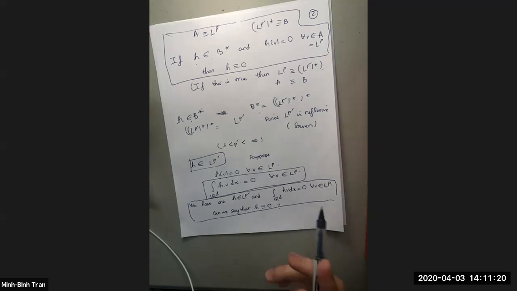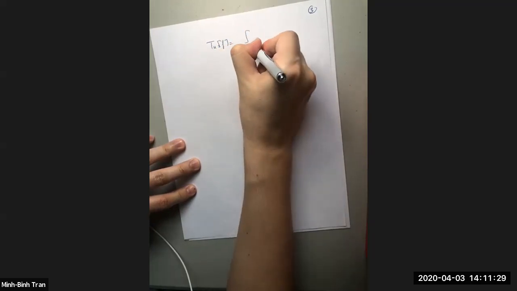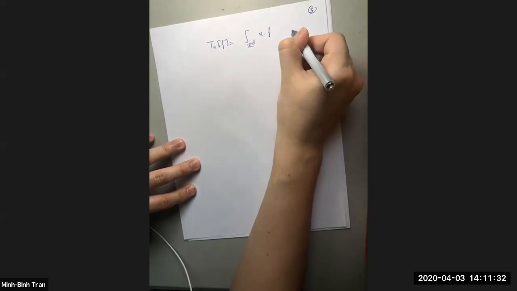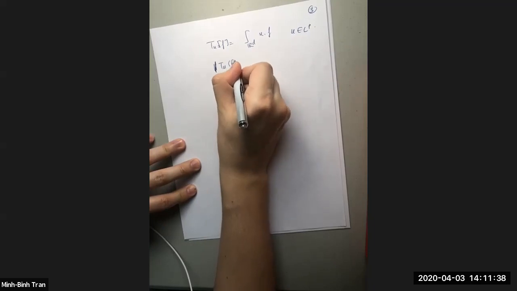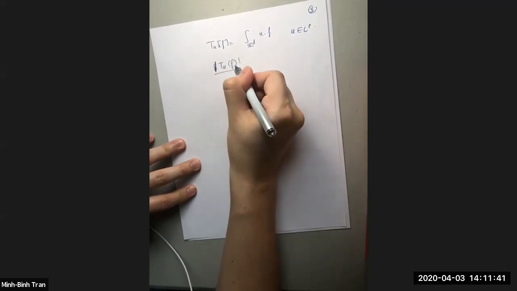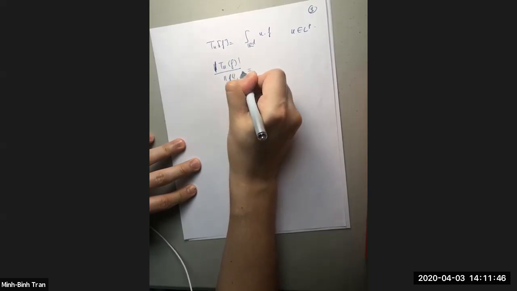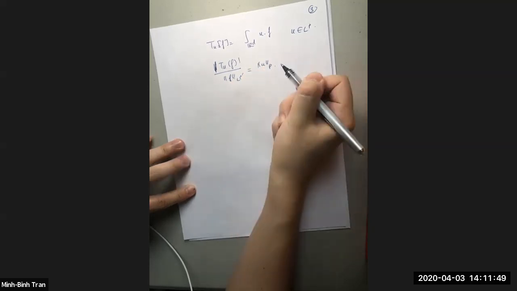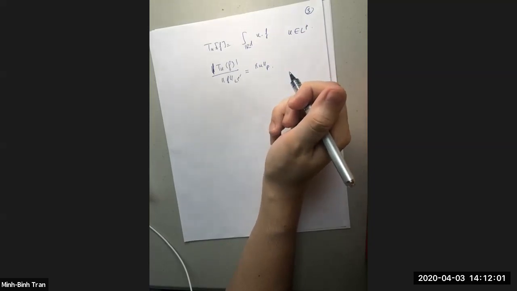Remember that we consider T_u of f to be this integral on RD of u times f, where u is in LP, right? We showed that that was equal to the norm of u, and if we're saying that this bilinear form is equal to 0, then the norm of u has to be equal to 0, but u is h in this case. And by the property of norms, that means that h is identically 0, right?